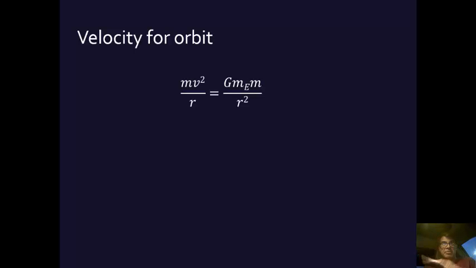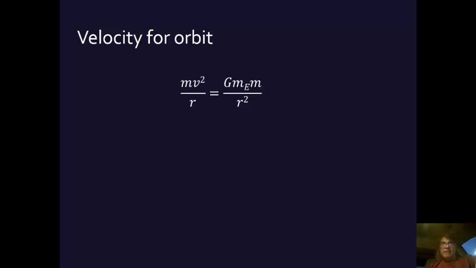Now, that's something we've been talking about a lot. That's basically Newton's law of universal gravitation on the right side. How did I get the left side? Well, you might remember from an earlier chapter that v squared over r is the acceleration needed to keep something moving in a circle.